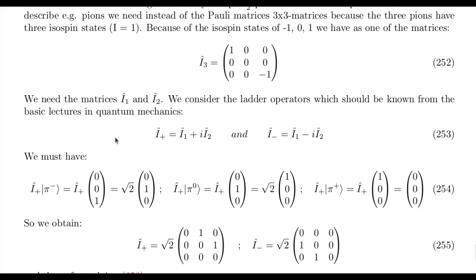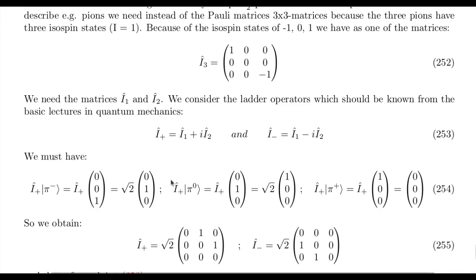Then we can apply the ladder operators to our pi states. If we apply the I plus operator to the pi minus state, with the isospin vector 0, 0, 1, then we must get the next higher state, that means the neutral pi meson. Then we have 0, 1, 0, times square root 2, that's a normalization factor.